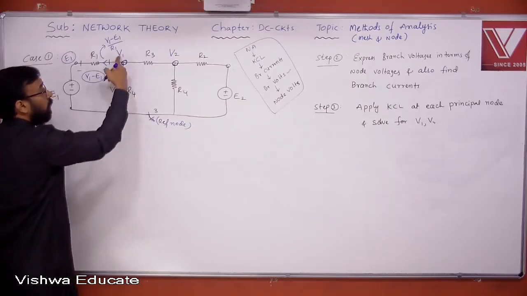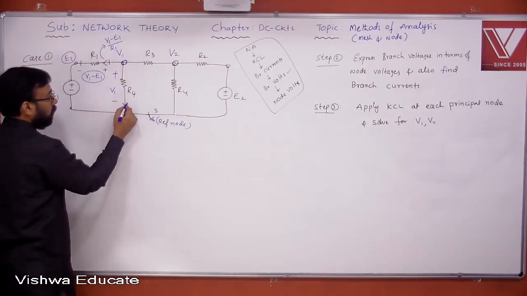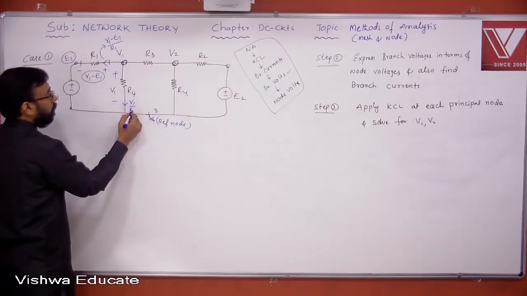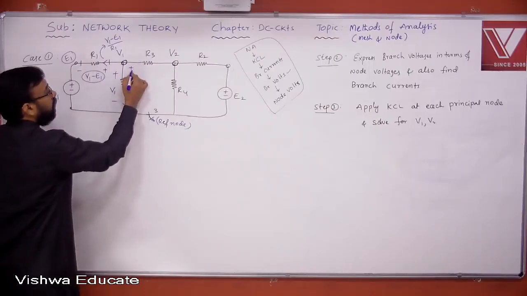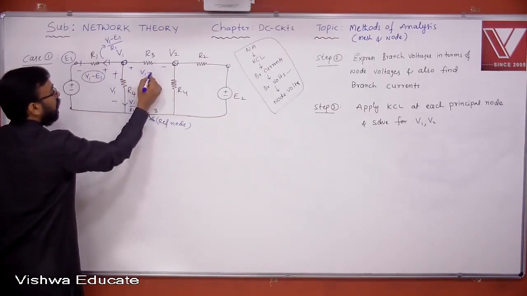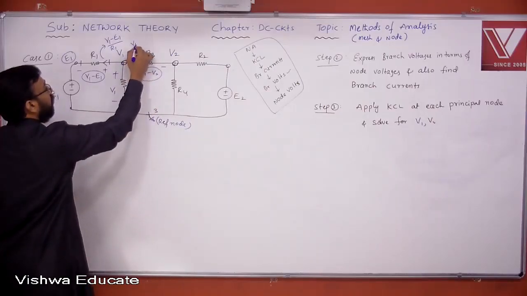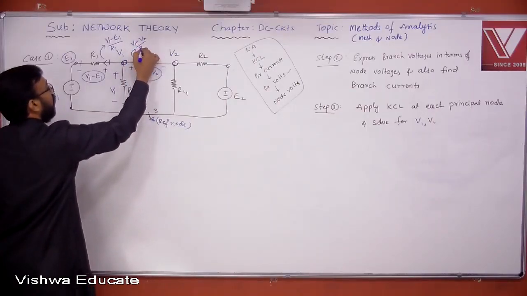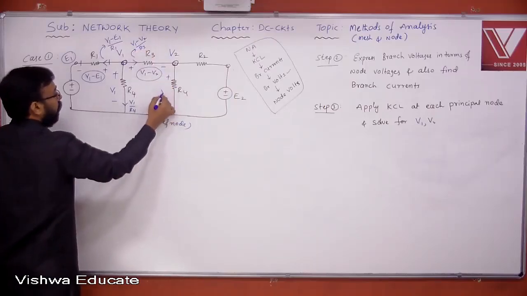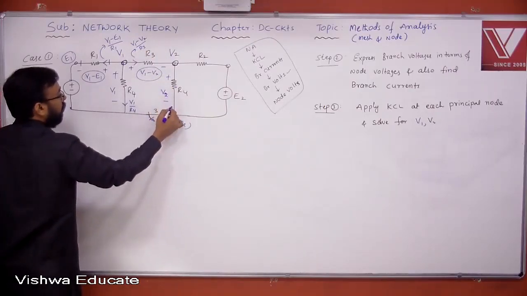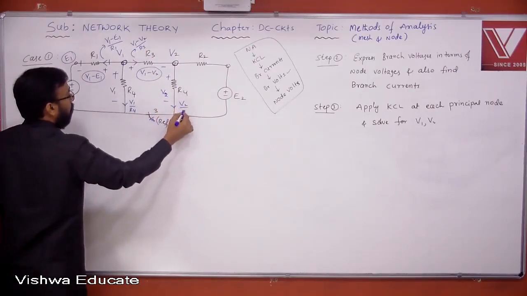Therefore, V1 by R4. Here, V1 is higher. Therefore, V1 minus V2 I can assume, right? Then what is the current? V1 minus V2 by R3. Here, V2 by R4.